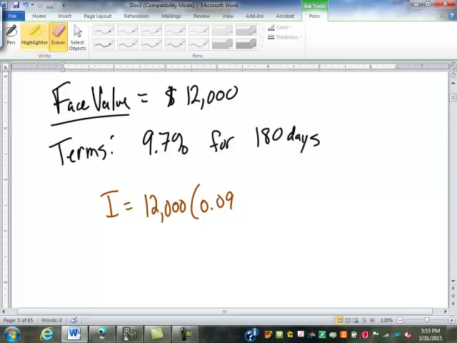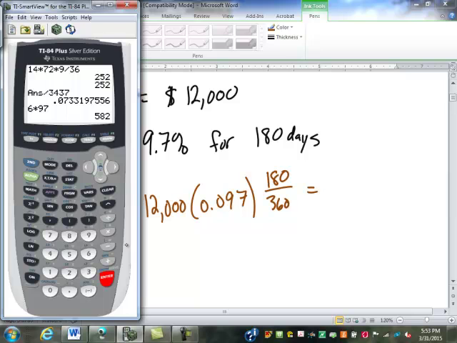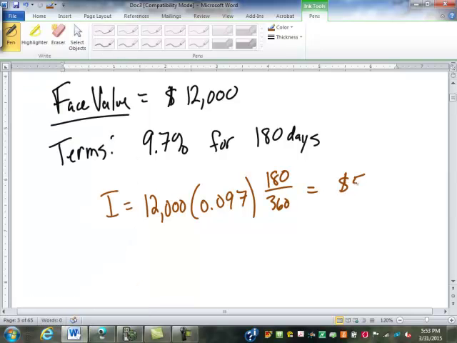Our 12,000 goes in as the principal, 0.097 as the rate, and 180 over 360. So that's going to give us $582 as our discount, correct?